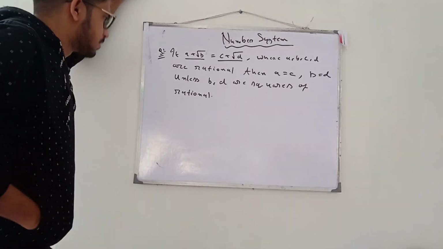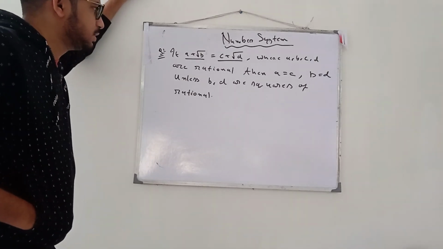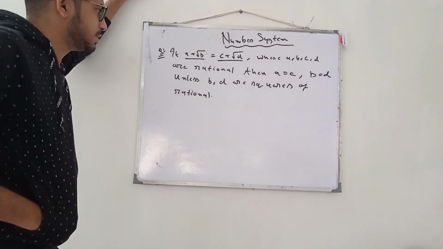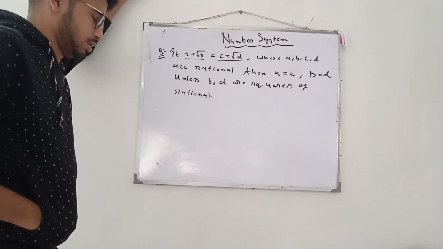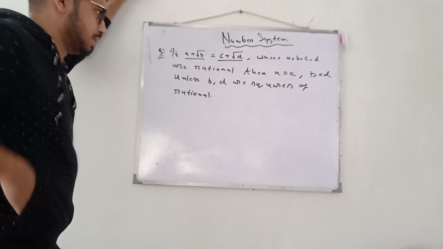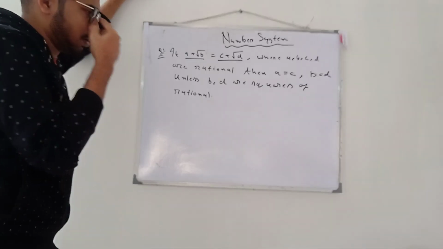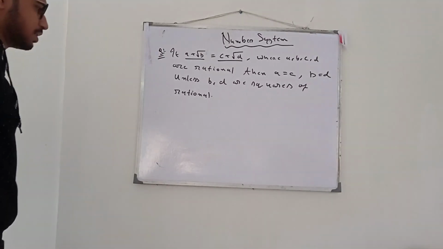So now we have to understand a plus root b is equal to c plus root d, where a, b, c, d are rational. A, b, c, d are rational means what?